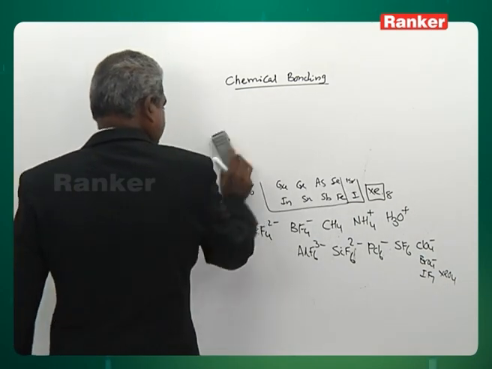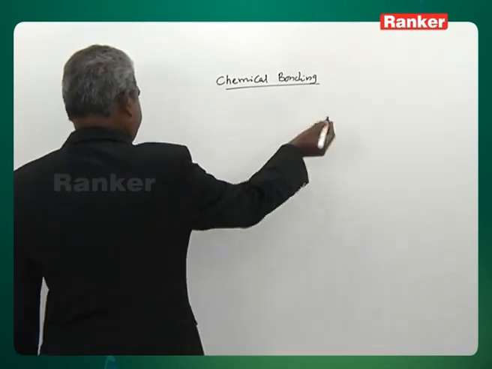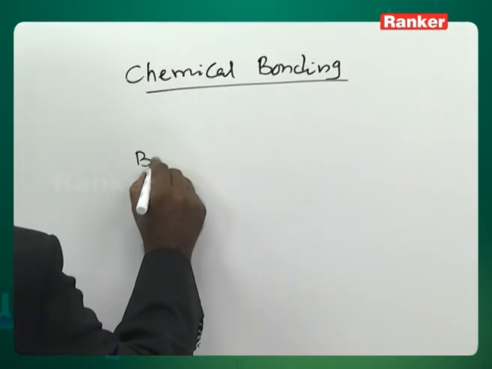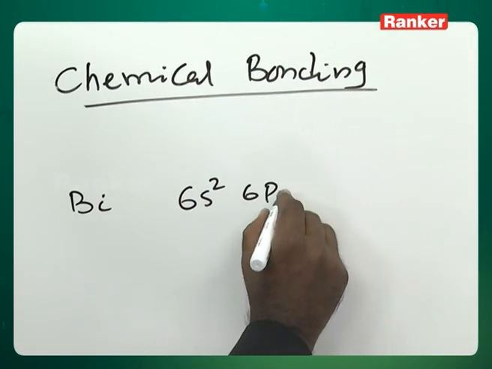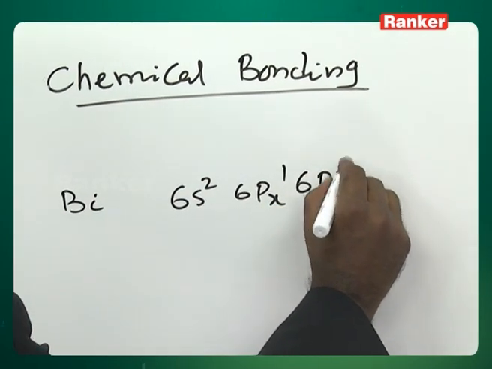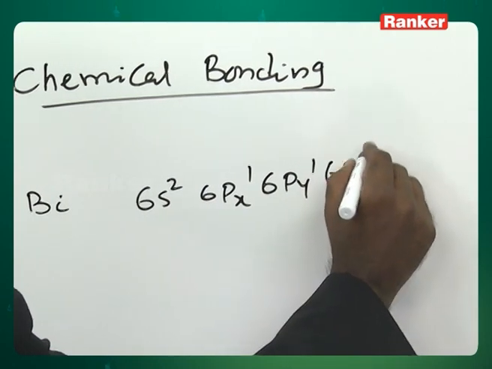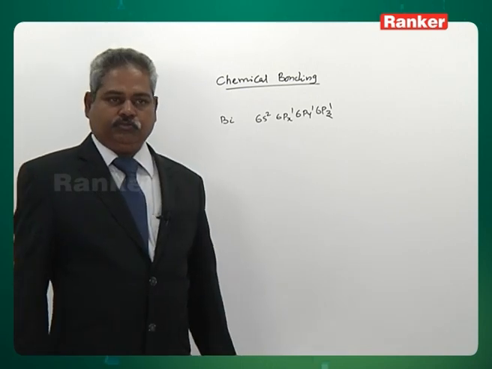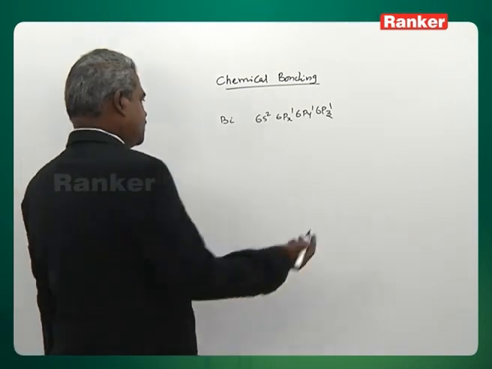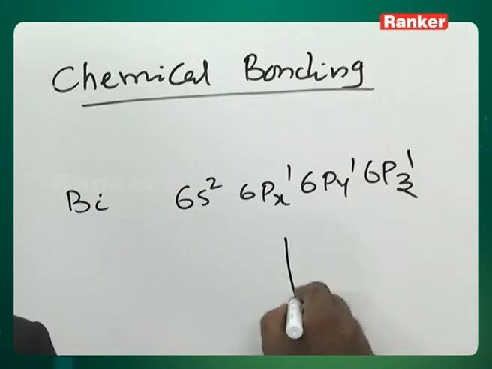Maximum covalence. Look here. Bismuth 6s2 6px1 6py1 6pz1. What can bismuth do theoretically? It has 3 unpaired electrons.